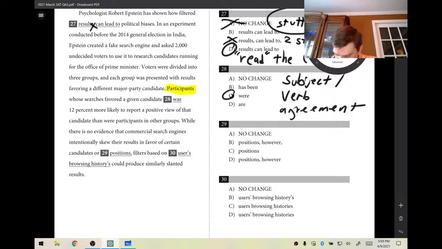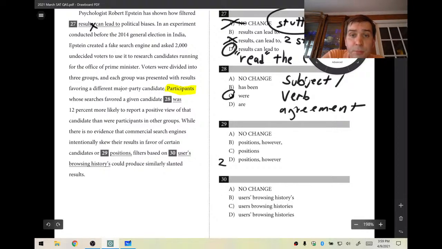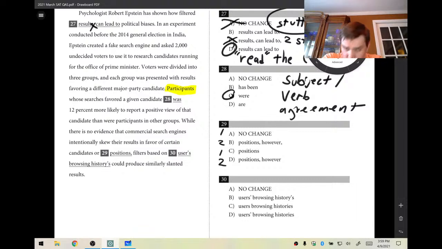It looks like they're testing us on commas, but also perhaps transitions. Would however fit here? I'm going to count the number of words. Answer choice D was 2 words. Answer choice B was 2 words. Answer choices A and C were 1 word, but we did need that comma, which was 29A, no change.